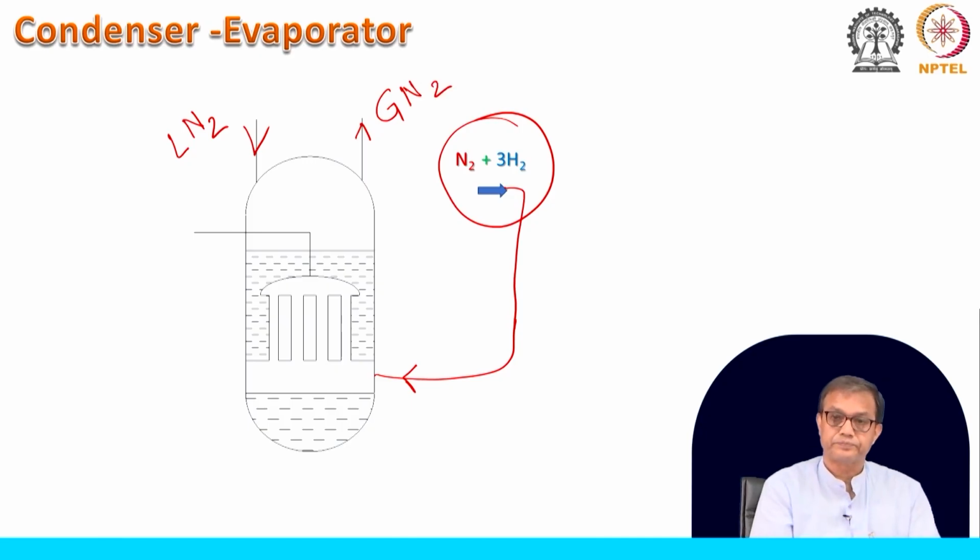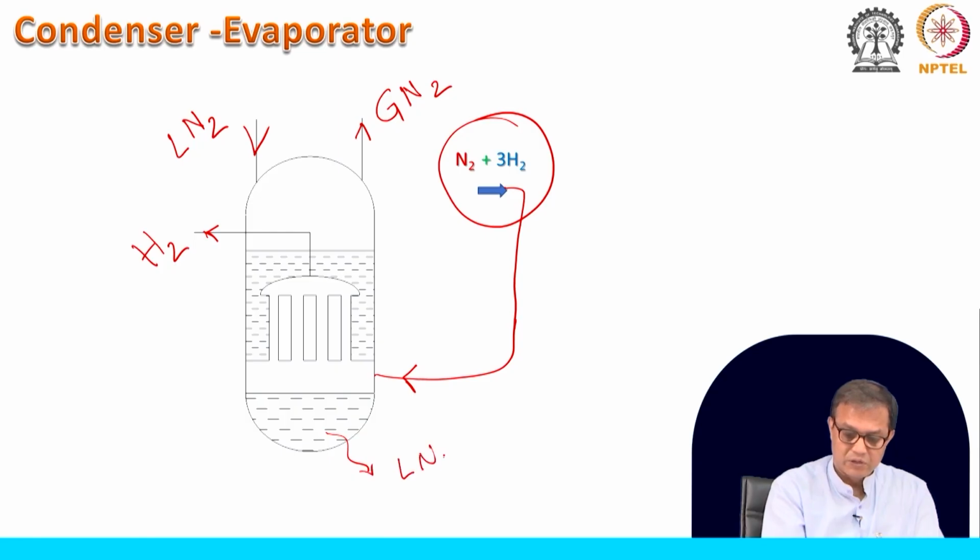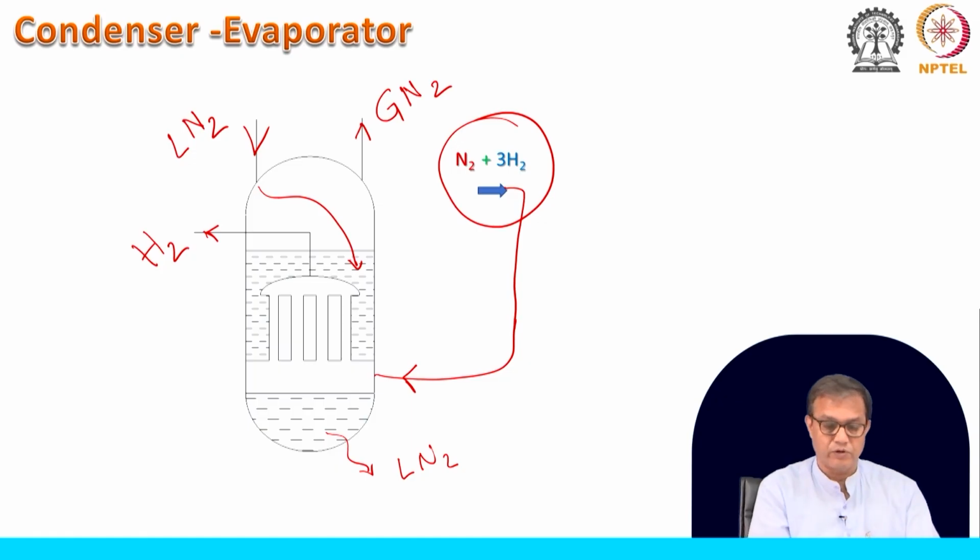That gaseous nitrogen will come out as it evaporates, and from here you are supposed to get the hydrogen, which will be collected on this dome part. Here this is again LN2. This nitrogen is getting condensed over here with the help of the liquid nitrogen that you have supplied on this tube side, and this is the gaseous nitrogen that is coming out of this system. So, that is about this condenser evaporator part to produce the pure hydrogen from the coke oven gas.